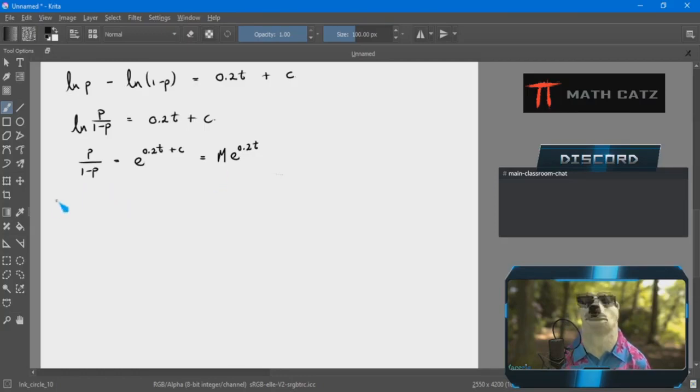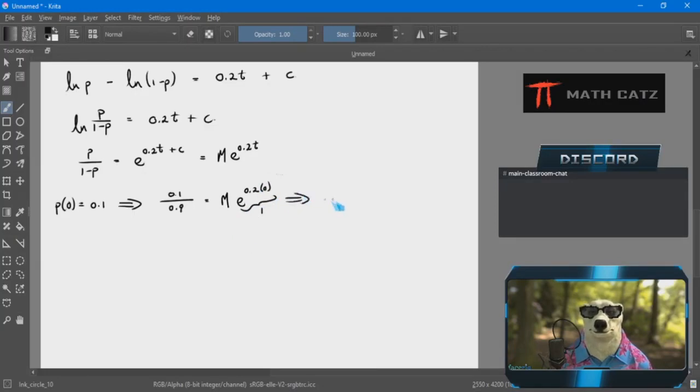So now, unfortunately, it's not quite done, but I do have my general solution here, and an option certainly is at this stage to use my initial condition. Oops, not y, it's a p. To use my initial condition to find the integration constant. So p is 0.1, and so 1 minus p is 0.9, and that is going to give me e to the 0.2 times 0 for t, and again, like always, that is going to be 1 when time is 0.